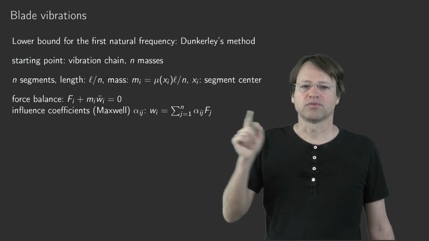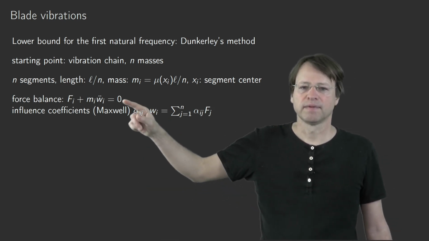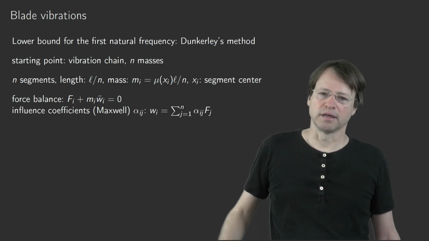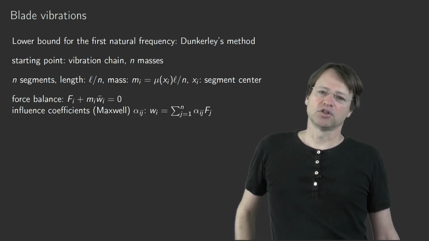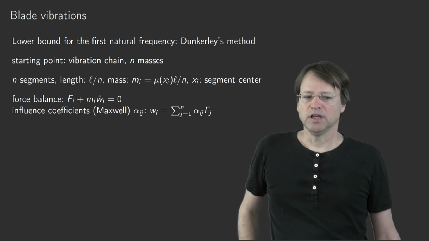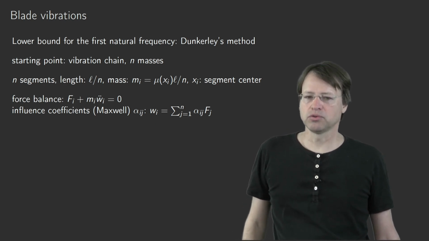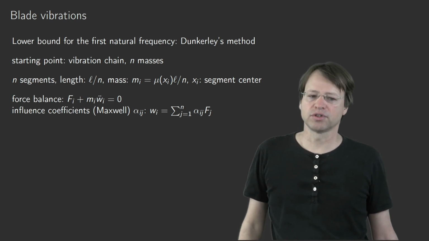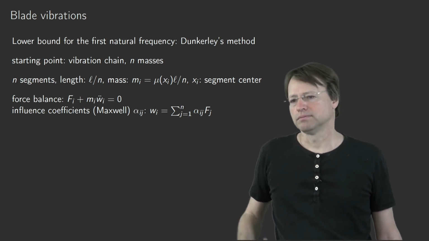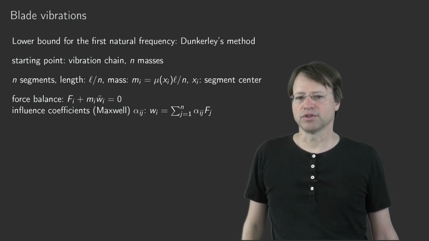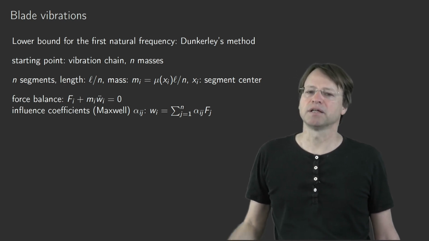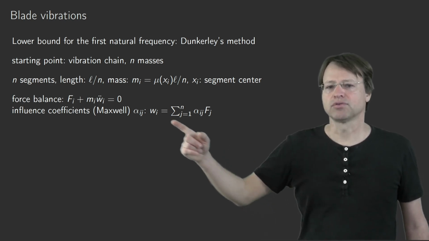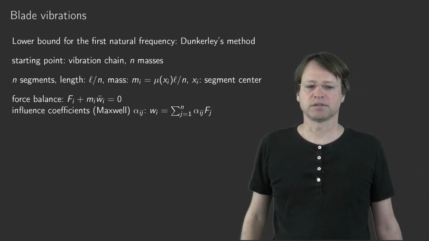Now, if you insert for F sub j from your force balance, you could also say the inertial force, you would arrive at an equation of motion. We did not consider stiffness coefficients, but flexibility coefficients, coefficients that are multiplied with the inertial term and not with the restoring force terms or with the displacements.